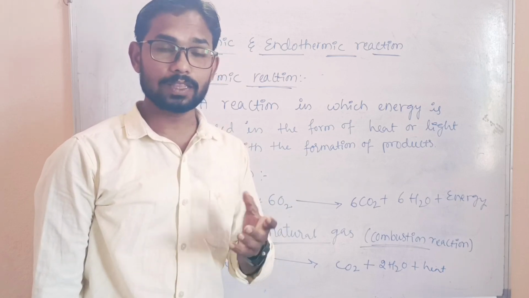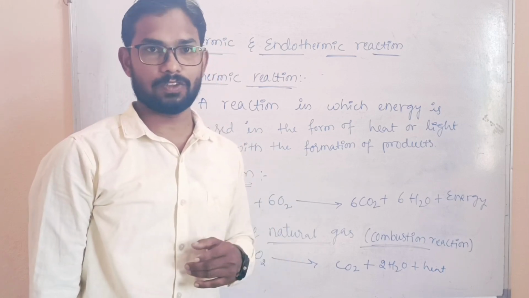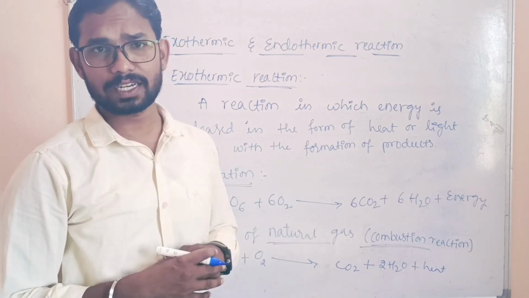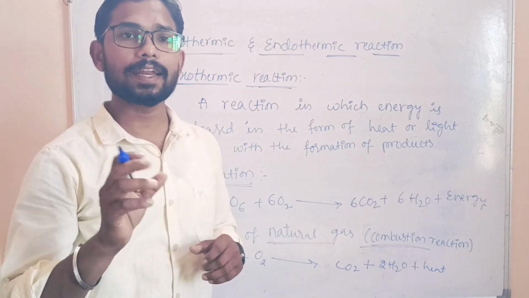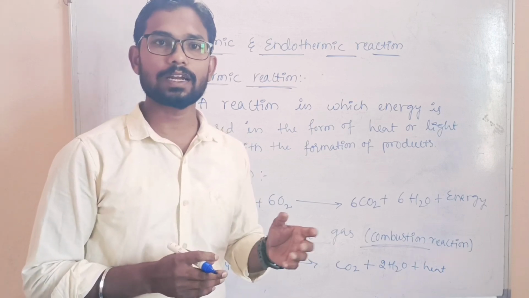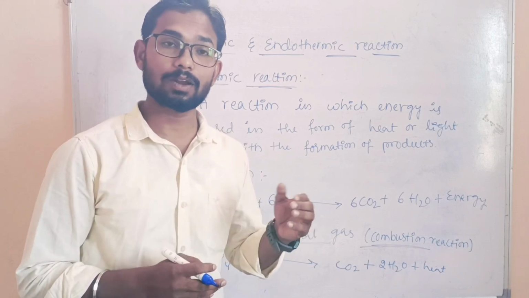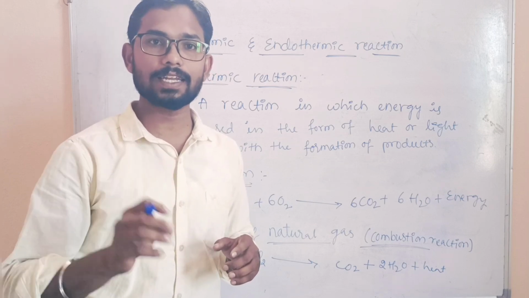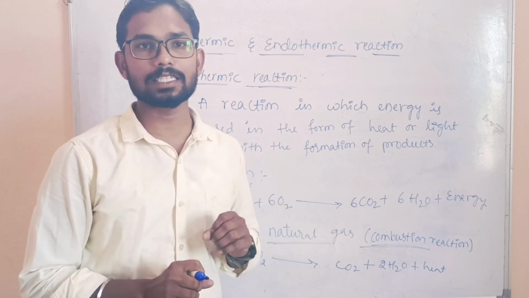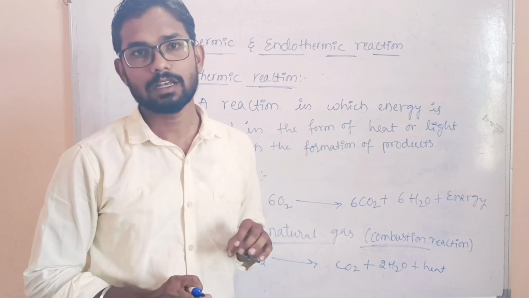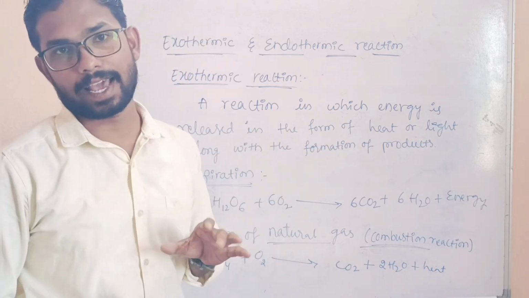When you are going to burn that magnesium ribbon in the presence of air, it is going to form a new product by the heat and light, white dazzling light that has given, and we are going to get the new product. So there what happened, it is burnt in the air and it is producing heat energy as well as the light energy. So that is the good example of this exothermic reaction.